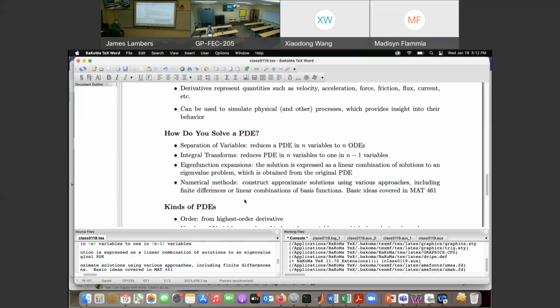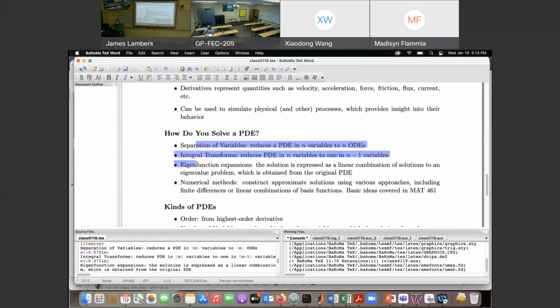Okay, so given any PDE, can you use any of the methods in finding the solution? Oh, like these right here? Yeah. Unfortunately, what we'll find in this class is that these analytical methods are fairly limited.